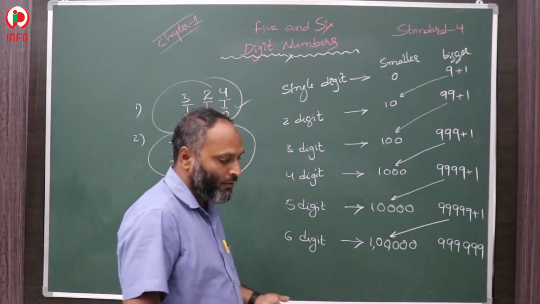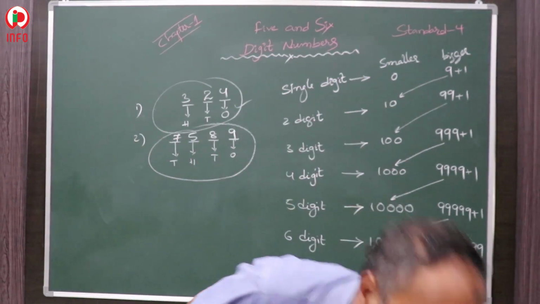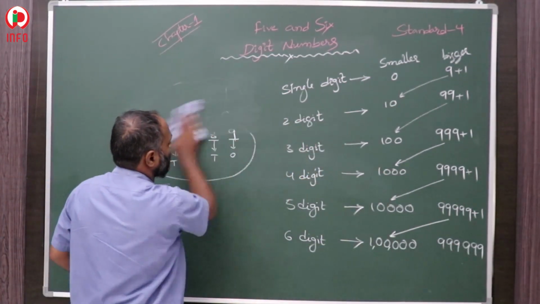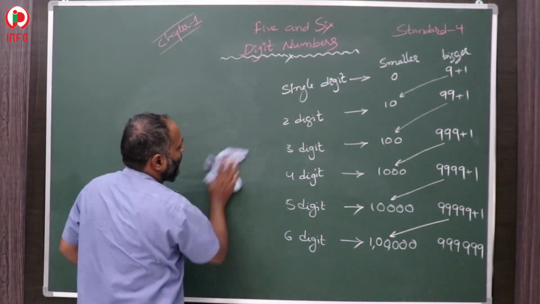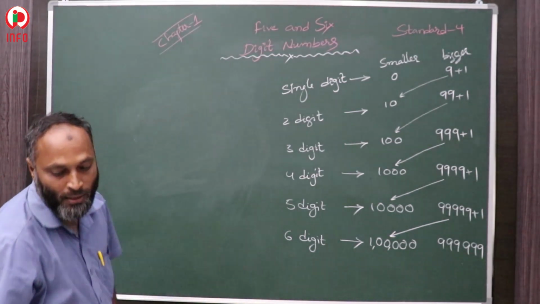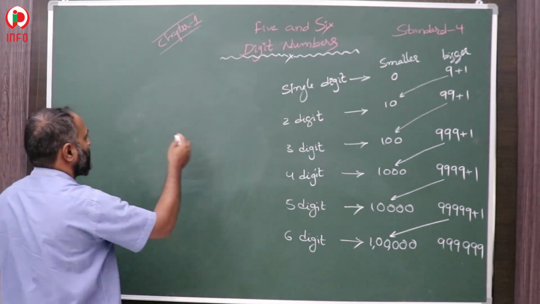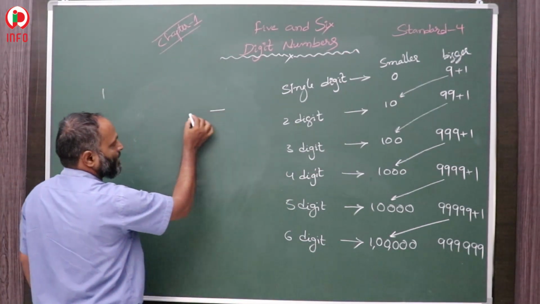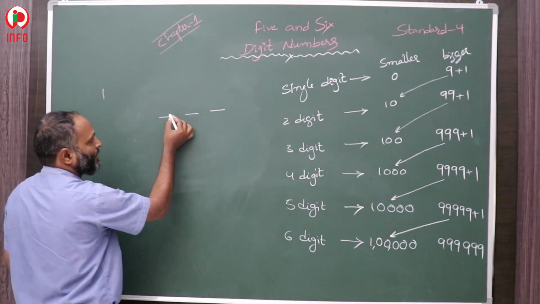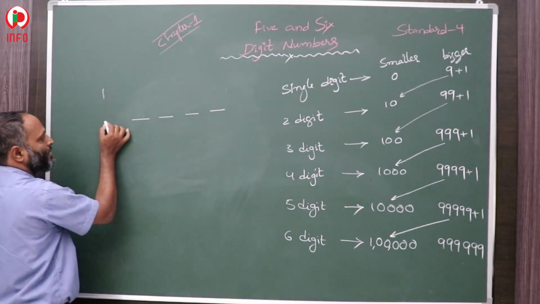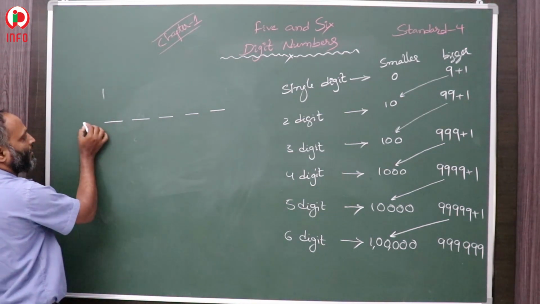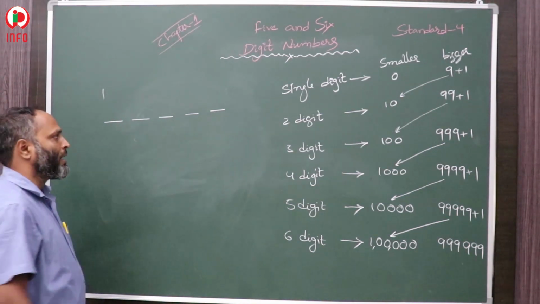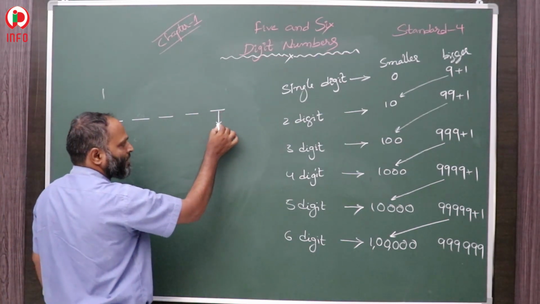Now we have to talk about 5 digit and 6 digit numbers. First, this is a chart. This is first place, second place, third place, fourth place, fifth place. Listen here. This is ones place.